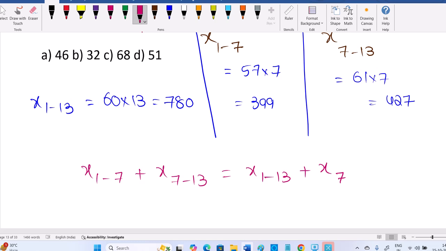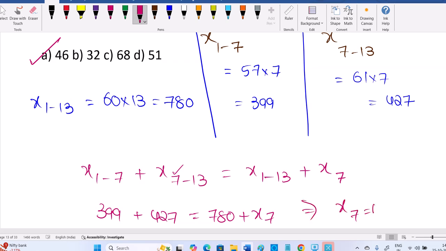If I take this 7 separately, the remaining 1 to 6 and 8 to 13 will come, that is x1 to 13. x7 came two times, so I pulled one out. So x1 to 7 is 399, x7 to 13 is 427, and x1 to 13 is 780. Here 400 plus 426 is 826, and 826 minus 780 means x7 is 46.